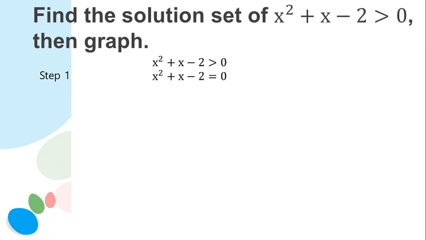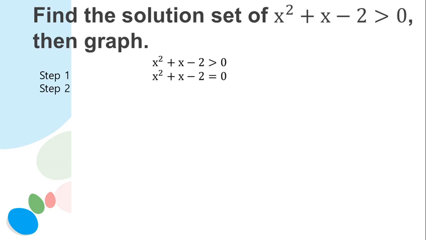Okay? Then next, what would be our step 2? We are going to solve for the solution of this quadratic equation. So we can make use of either of the 4 methods of solving quadratic equation.